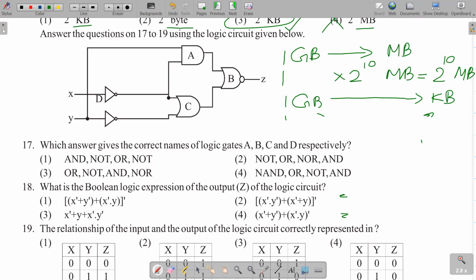So the correct one is going to be what? A is going to be an AND gate. B is going to be a NOR. C is going to be an OR. D is going to be a NOT. Right?